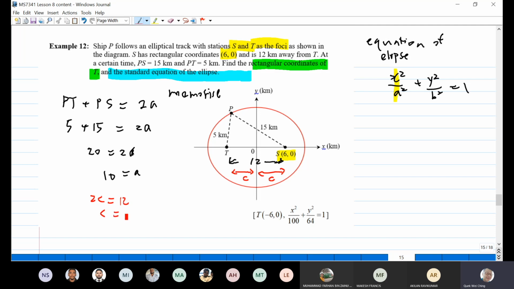So c equals 6. So we know that this is 6 here. That means you know the location of T. The location of T is (-6, 0). It's on my right side now.